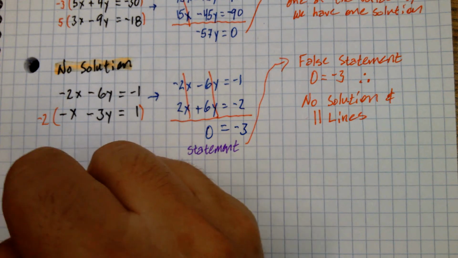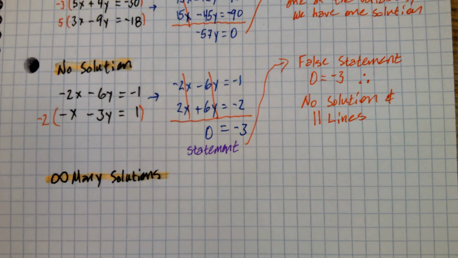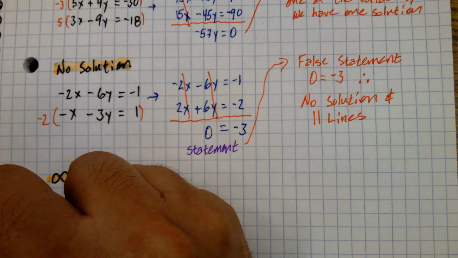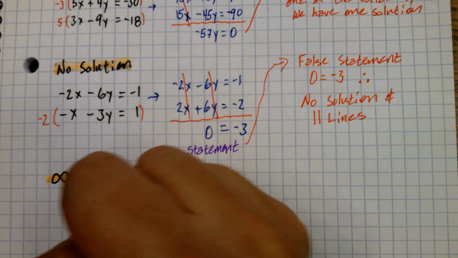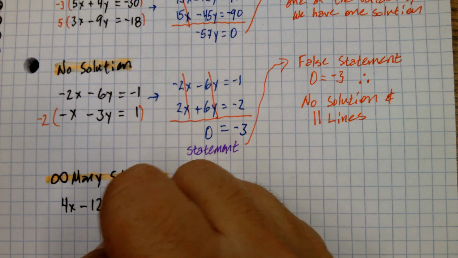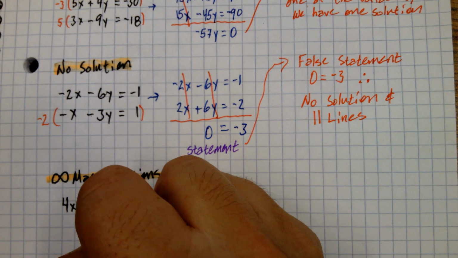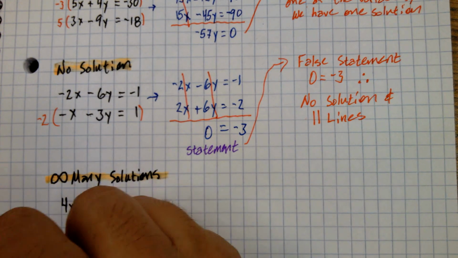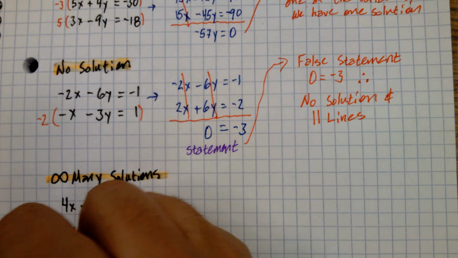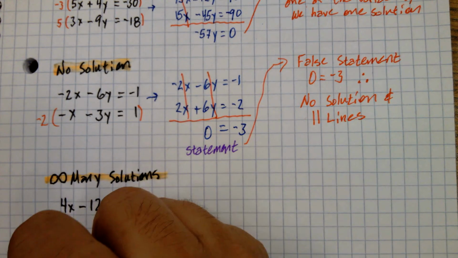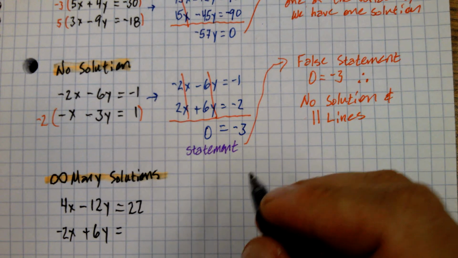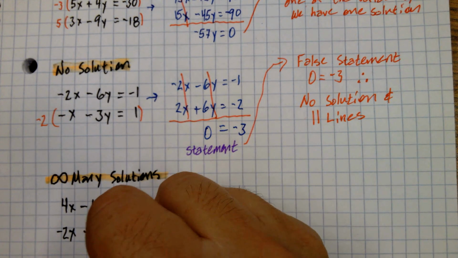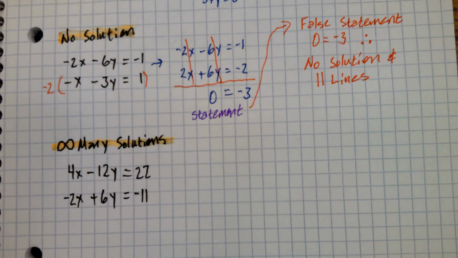Let's write down 4x minus 12y equals 22, and negative 2x plus 6y equals negative 11. Something real obvious like that.